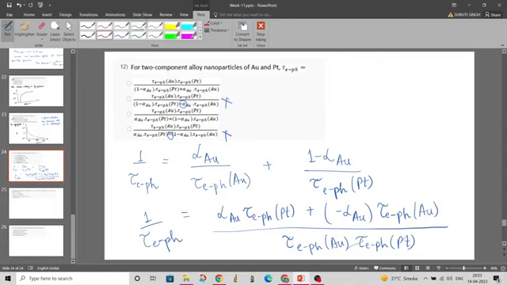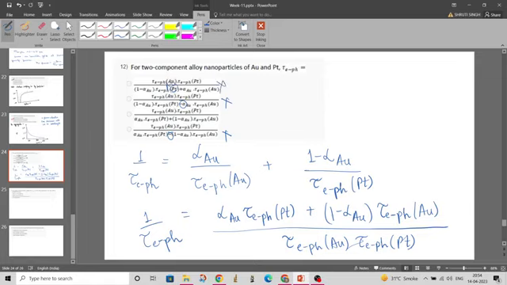Plus 1 minus, this is 1 here, so it will be 1 minus alpha Au tau EPH of platinum. It is given, but it should be Au here, so this is also wrong.